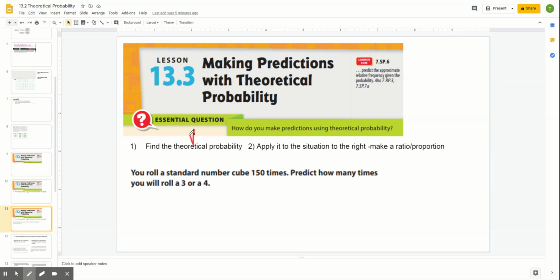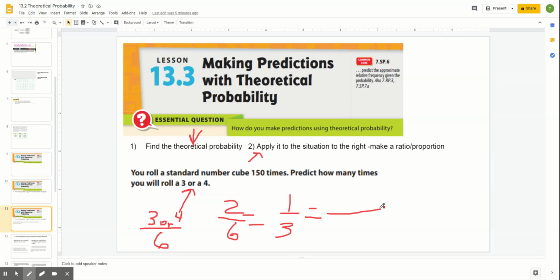So first of all, we need to do the theoretical probability of rolling a 3 or 4. And this is on one roll of the dice. Okay, so it starts with this. The 6 outcomes, right? And now the target is 3 or 4. All right, so that's 2 possibilities out of 6, right? Which equals 1/3. And now the second part is to apply it to the situation.